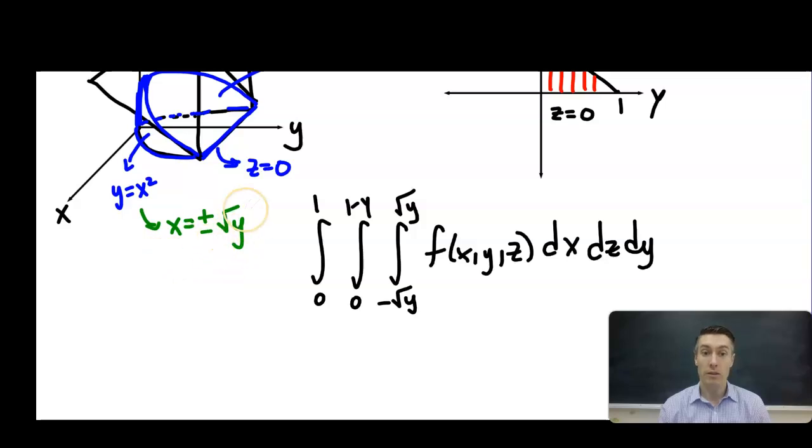You get plus or minus the square root of y, and that creates two different surfaces. The front one closest to us and the one further back. So x goes from negative square root of y to the positive square root of y. And that's what we spoke about earlier. And then 0 to 1 minus y, 0 to 1 in the yz plane. So these are good to look back to as well.